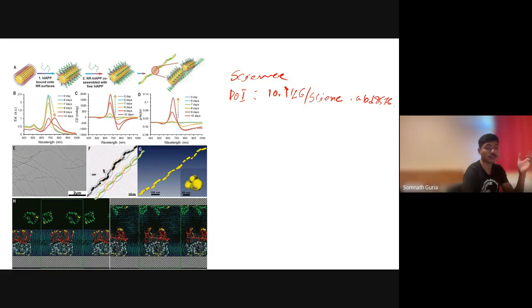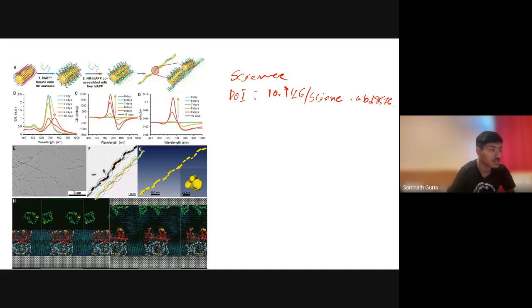When they have a lesser amount of the peptide on that surface, they get a CD spectrum, and they find some decay of the CD spectroscopy.